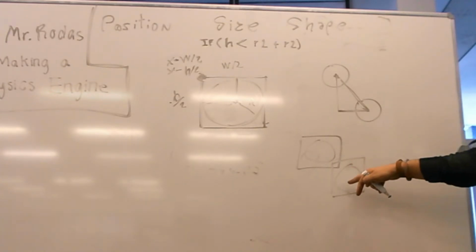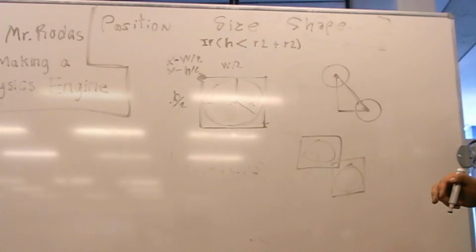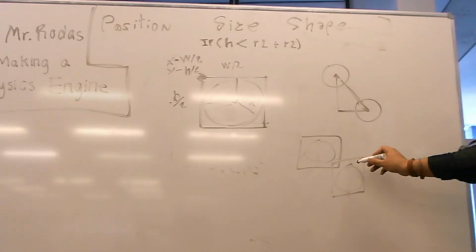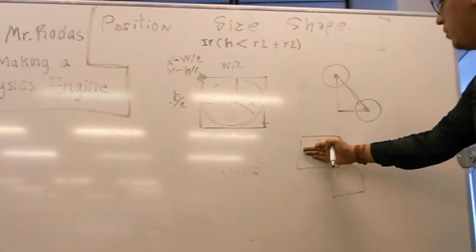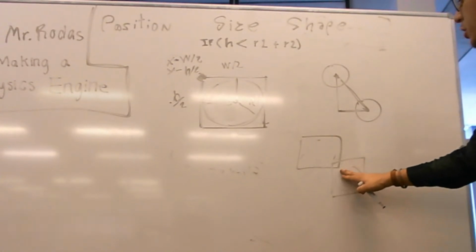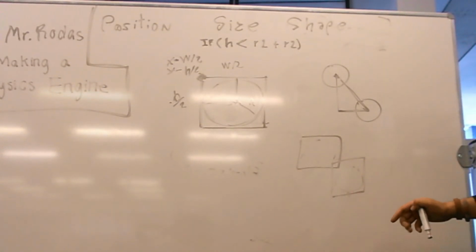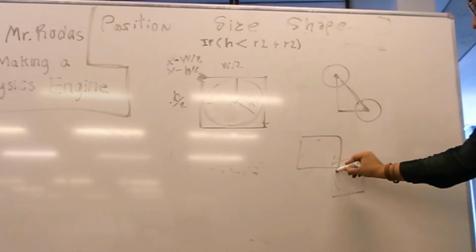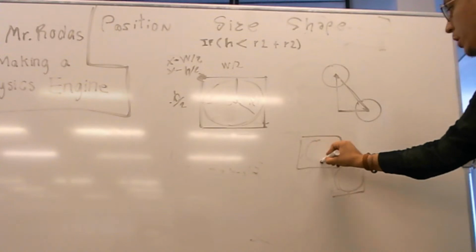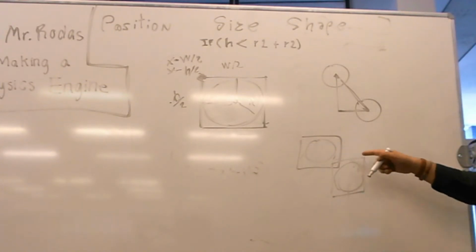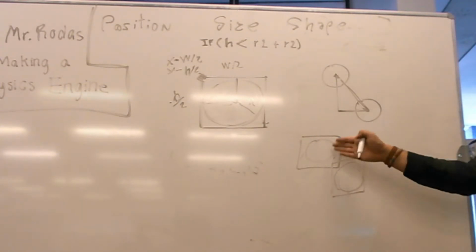Because you see the circles don't touch. No, I'm just telling you that. These squares are touching, right? But the logic is made for a circle. The circle logic will only detect if a circle and another circle are touching. So are the circles touching? No. So the logic doesn't work.